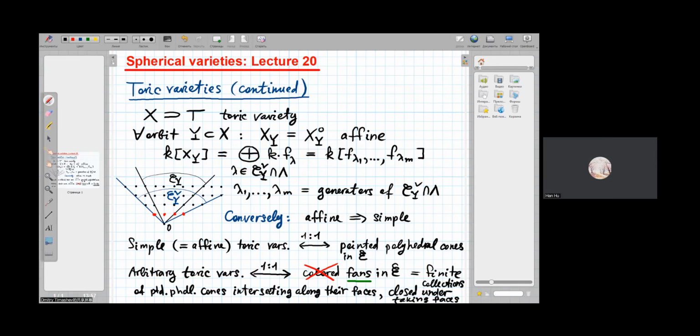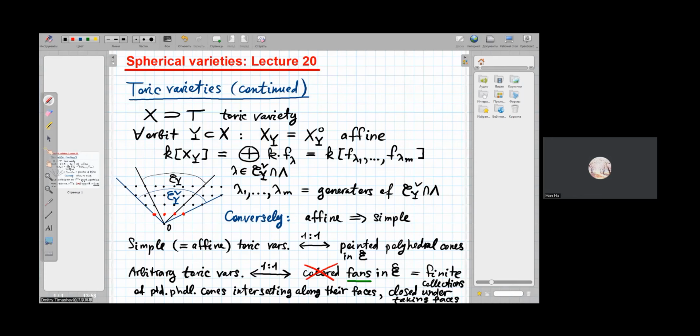There are no colors, so any face of a cone is also in the fan. And any two cones may not intersect in their relative interiors, so they intersect along faces.